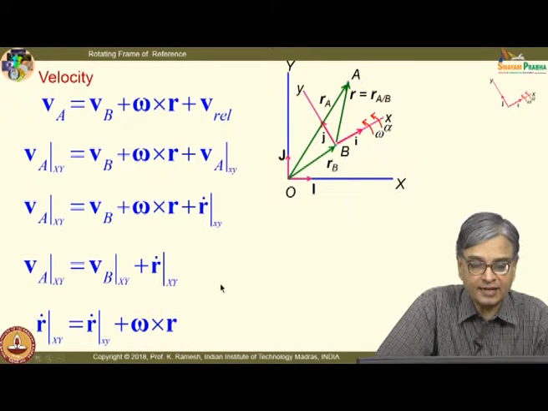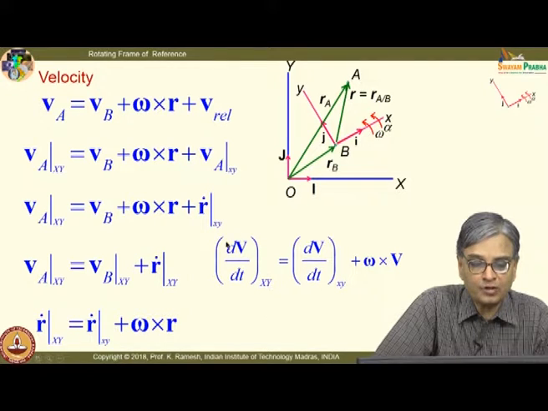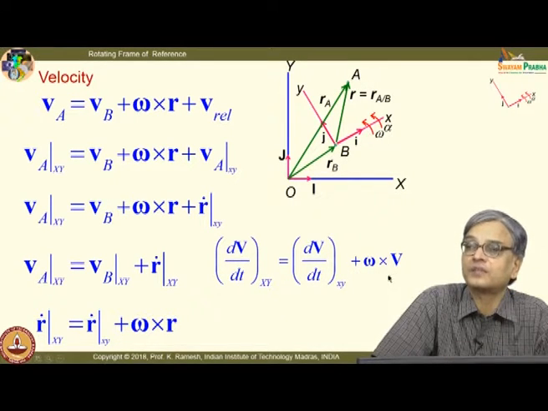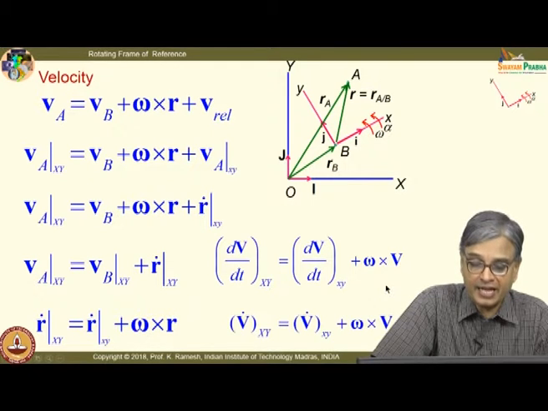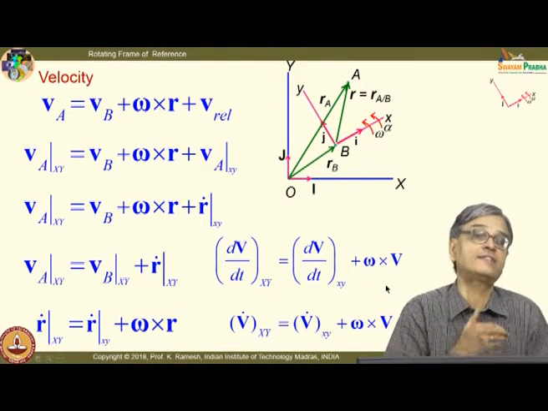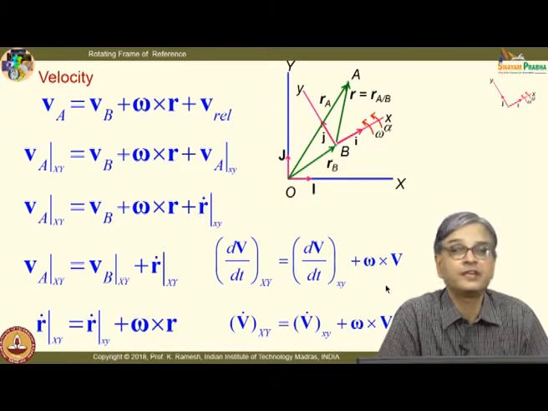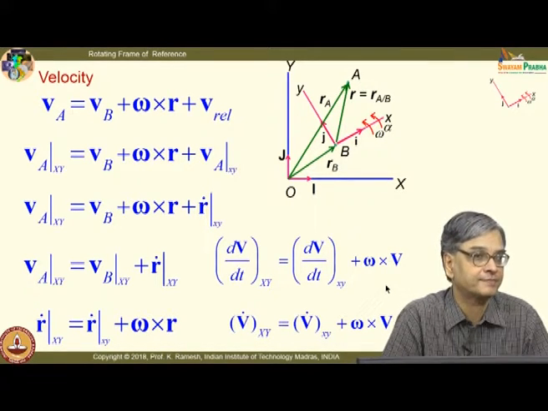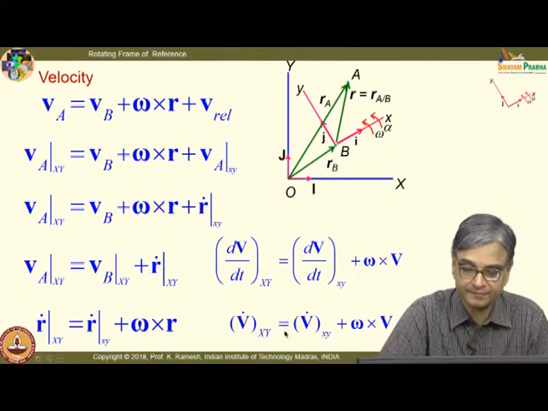And this is what generalized when we put this as any vector: dv by dt in the fixed frame of reference equals dv by dt in xy plus omega cross v. In fact, we utilize this very systematically when we differentiated the velocity expression to get the acceleration. We use this repeatedly.